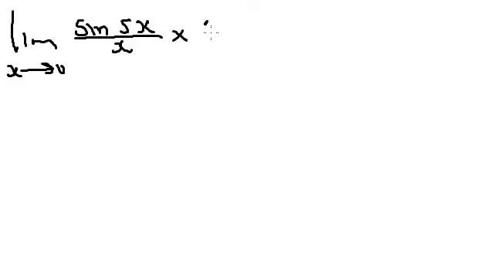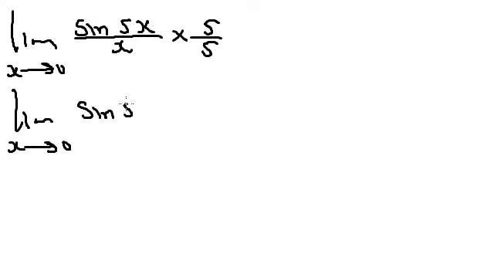So we can multiply the top and bottom by 5 over 5. Now we can associate this 5 with the value of x. And now we have the limit as x approaches 0 of sine 5x all divided by 5x, multiplied by 5.